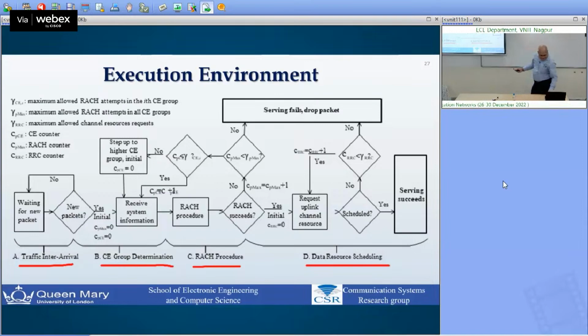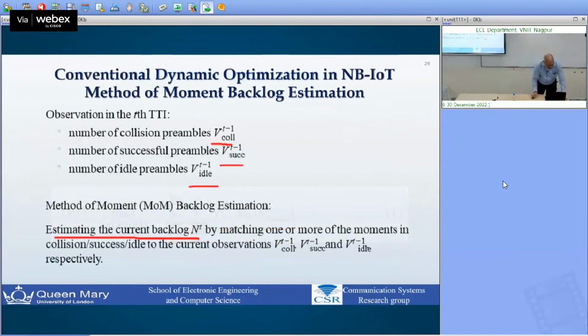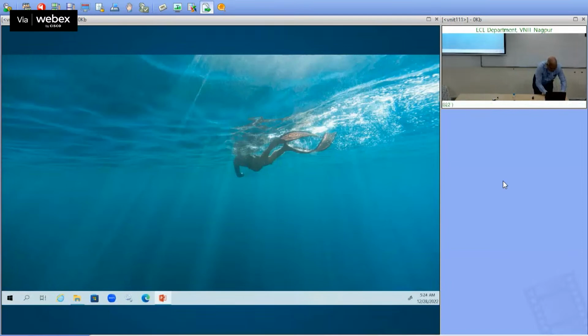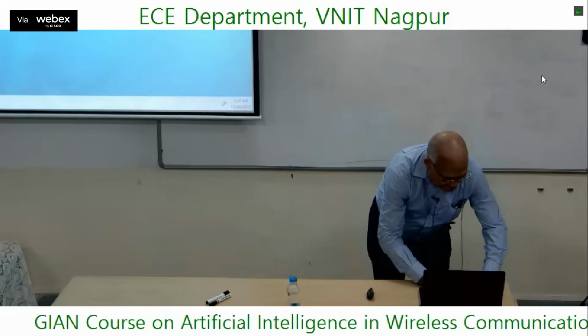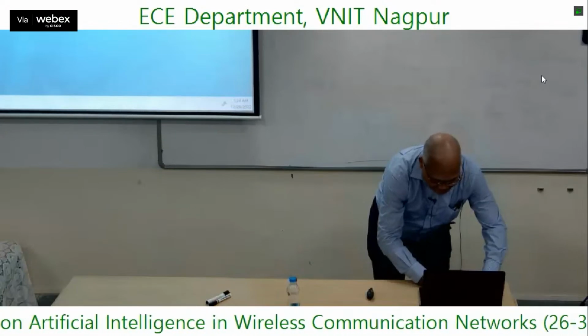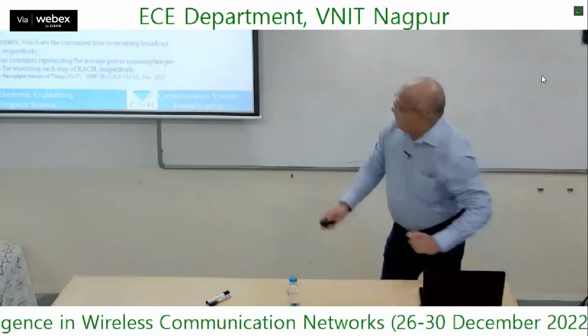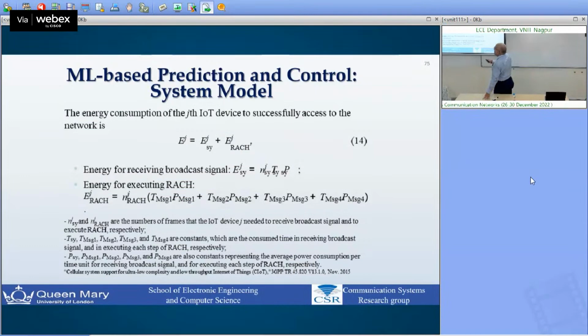So we can calculate that energy for the constants of the four steps, each step. So this is the energy consumption for random access. So this is the total energy consumed by the IoT device.